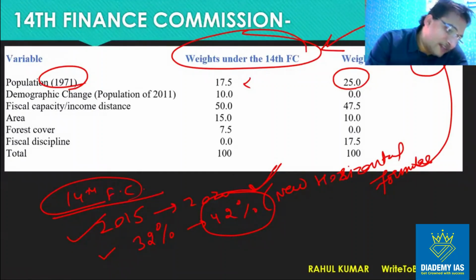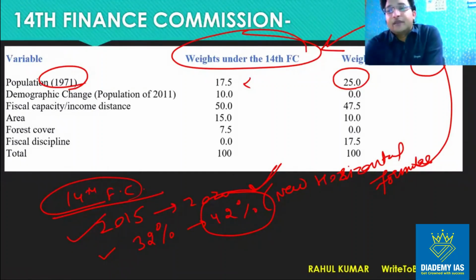So basically, why this 1971 has been kept as a base, because our population was growing very fast, right? We entered into the third stage of demographic transition theory. We started facing population explosion. At this point of time, the government said that different states should have family planning programs, right?